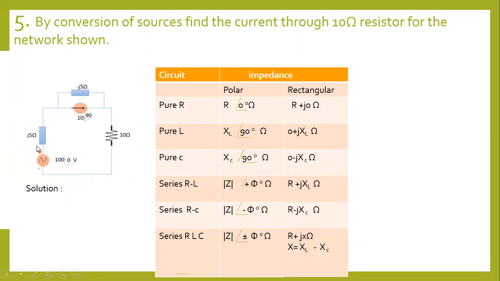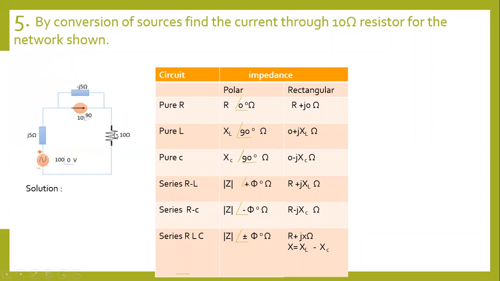And this is an impedance, which is a combination of a resistor and an inductor. Minus J5 is a series combination of a resistor and a capacitor. By conversion of sources, find the current through the 10 ohm resistor for the network shown.